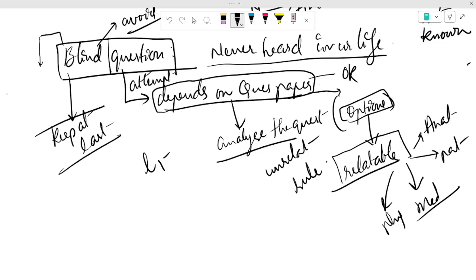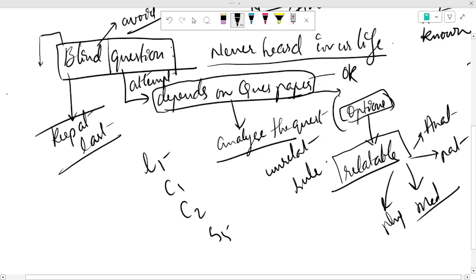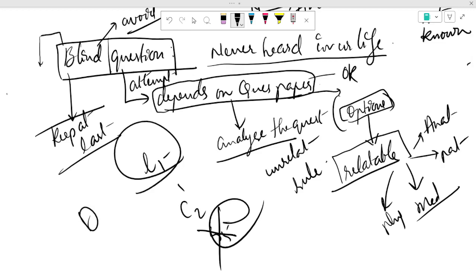Or you say C1, C2, and S5. See, S5 is unrelatable. You will not get S5 anyway. C1, C2 is also unrelatable. Lumbar, because it is dorso-lumbar. Dorso-lumbar aspect. So, if they give a completely unrelatable topic, then it is very, very easy to rule out the options.